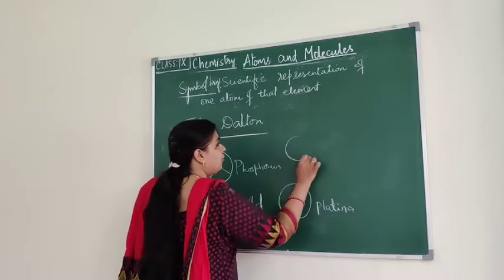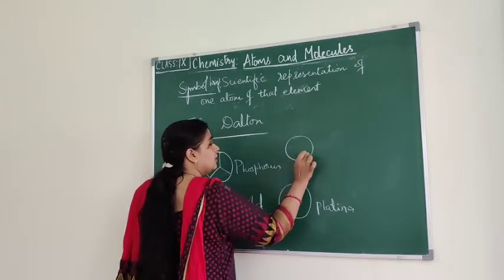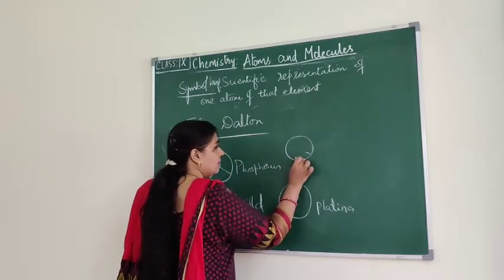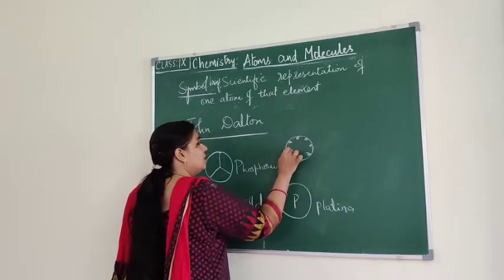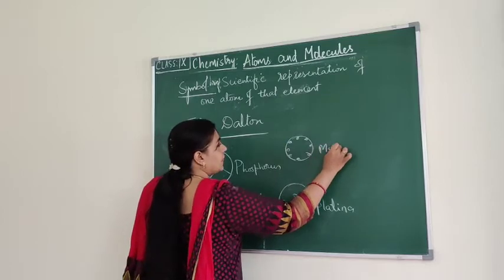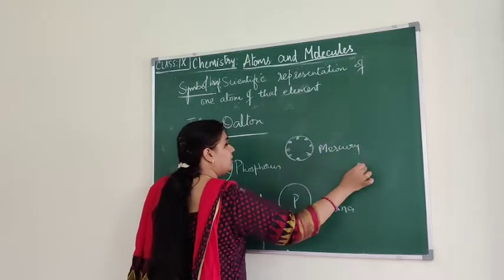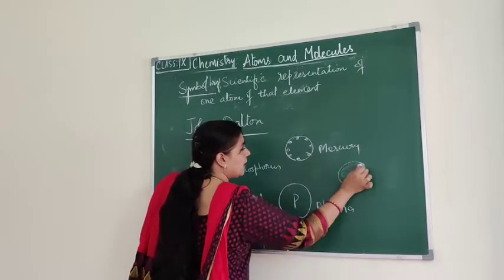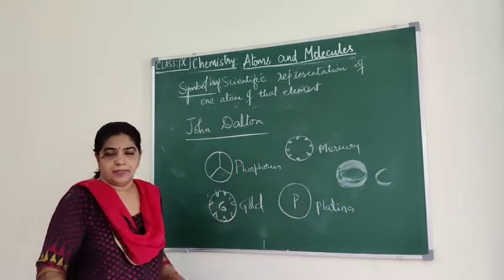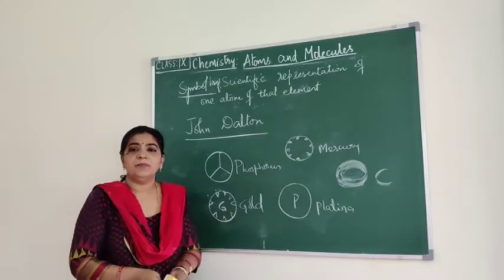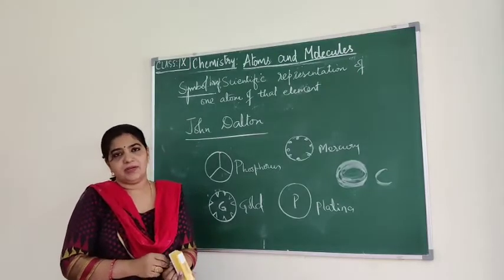And for mercury, he had given a structure like this. And carbon, he just made it into a dark substance, black color thing, and this was for carbon. So these were the symbols given by John Dalton.